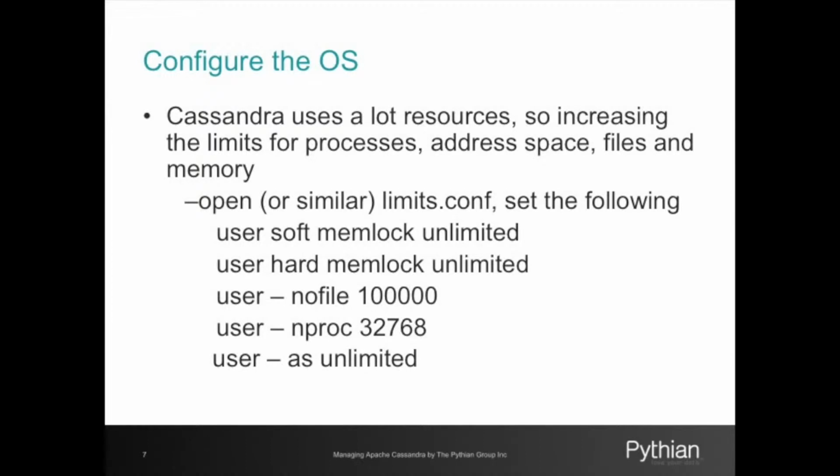If you create a Cassandra user, you can call the file cassandra.conf, for example, and then you just have to set the following settings: memlock, nofile, nproc, and as with the settings presented. This should keep your operating system from causing problems for your Cassandra environment.